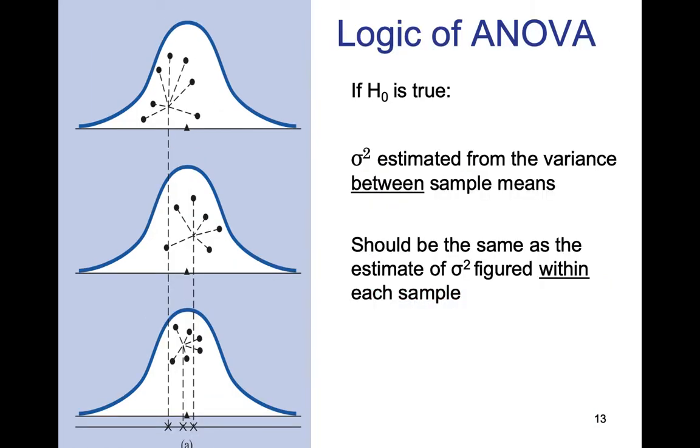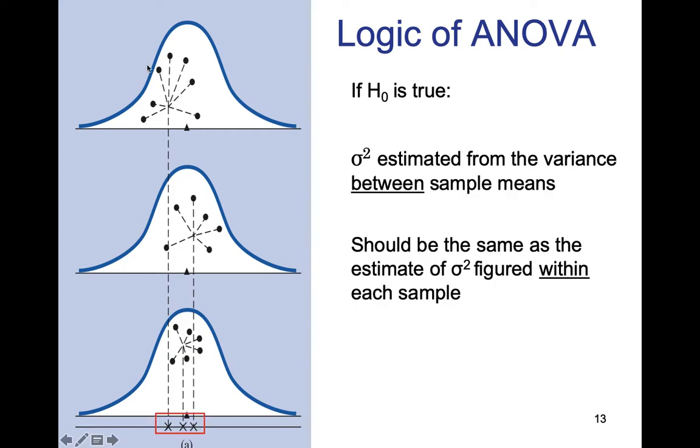All right. So following this logic, again, if the null hypothesis is true, which means identical population means, identical variance, identical shape, then the population variance estimated from the variance between sample means should be the same as the estimate of variance figured within each sample. Okay?